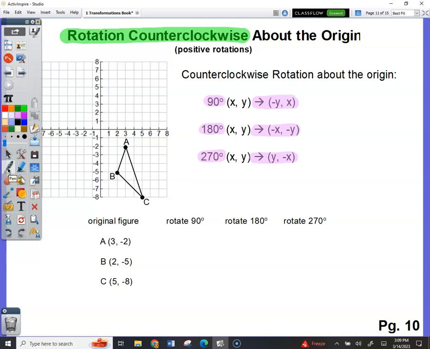Let's also take our pencil and make a note that these are the written rules. Let's label it. And then let's talk about real quick what direction counterclockwise is in.